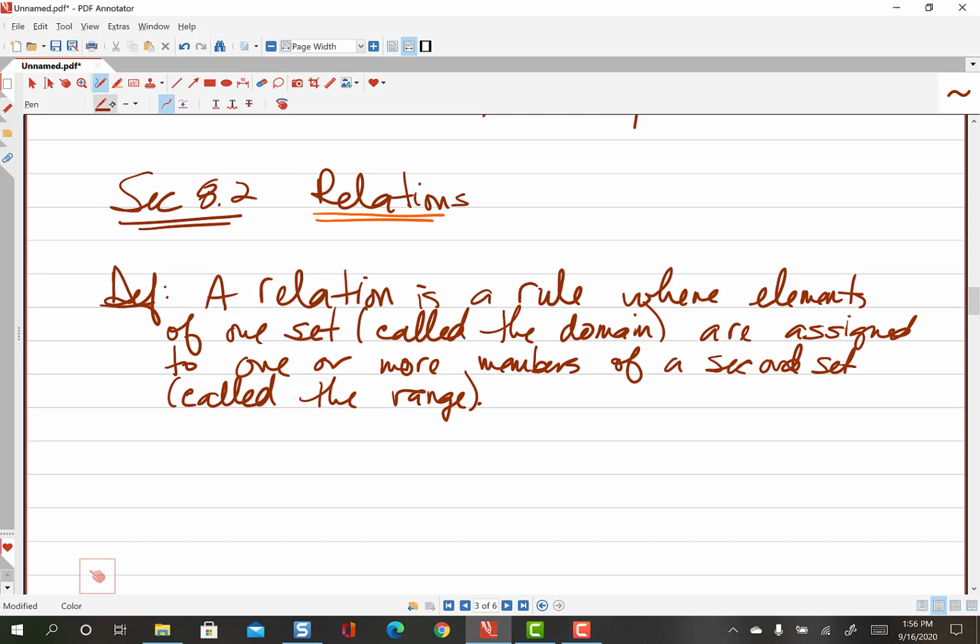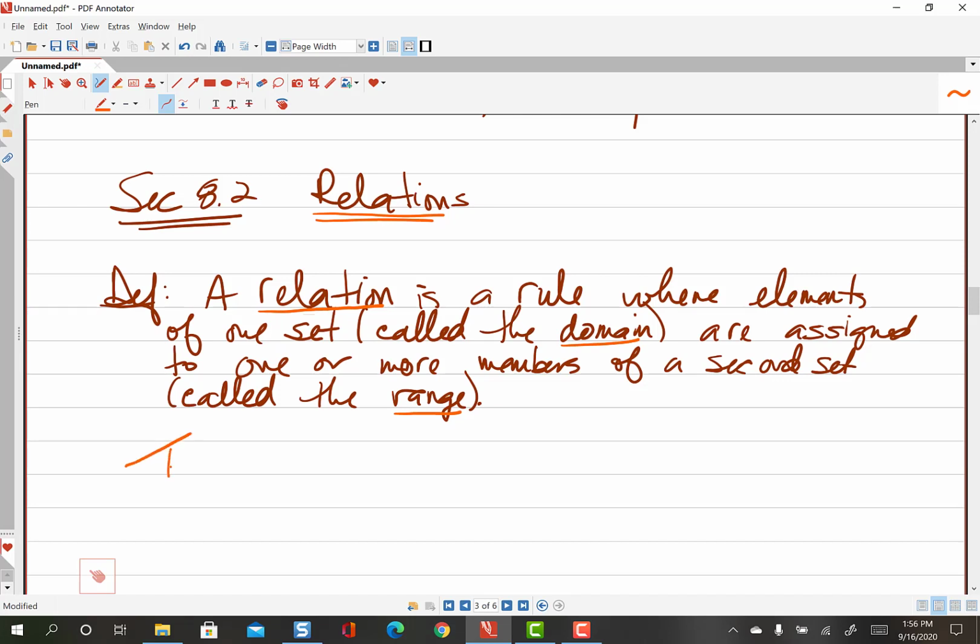So a relation is a correspondence, or I like to use the word rule, where elements or members, if you like that word better, of one set are assigned to one or more elements of a second set, and that second set is called the range. So kind of your input is the domain, kind of your output is the range.